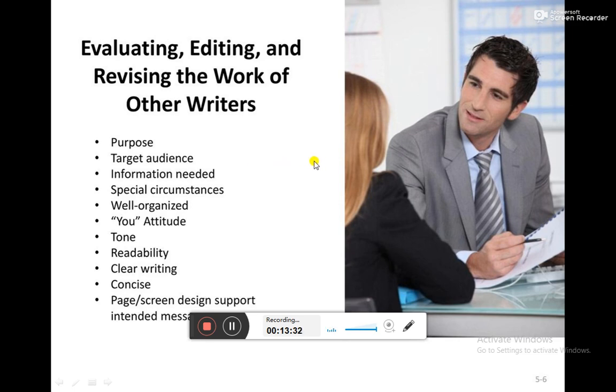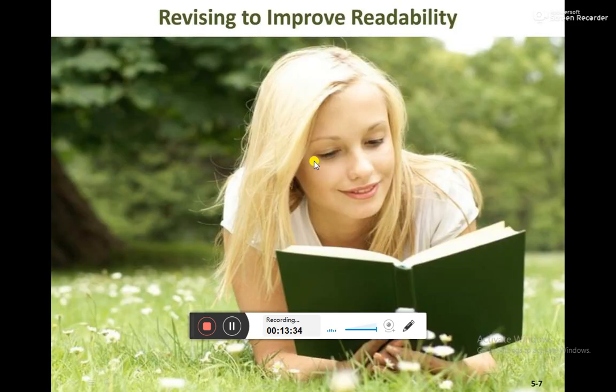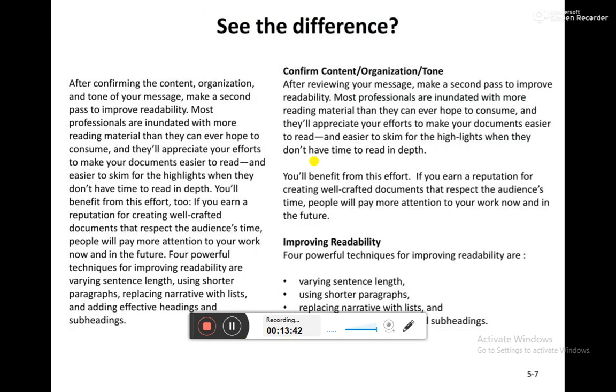Okay, so now we are moving toward another slide, and that is revising to improve readability. You will see a slight difference here. After confirming the content, organization, and the tone of your message, make a second pass to improve readability.